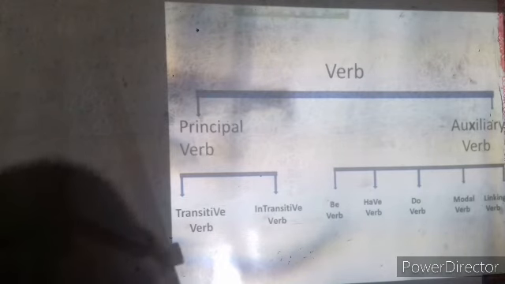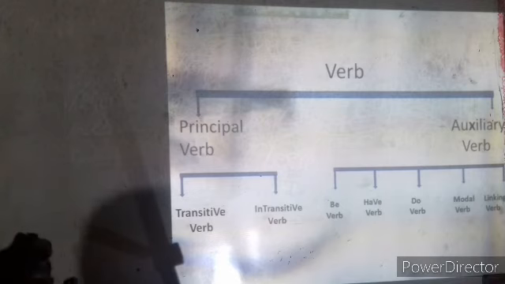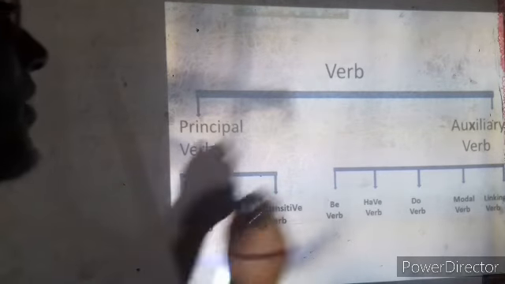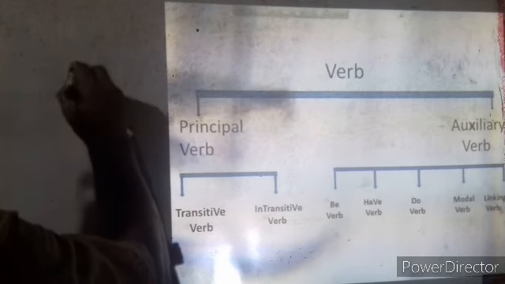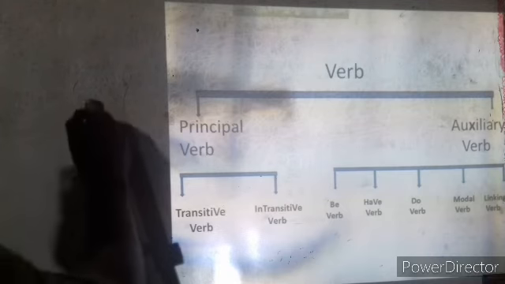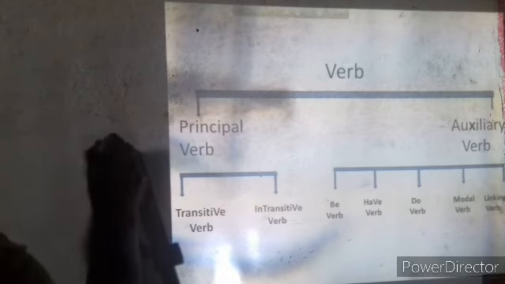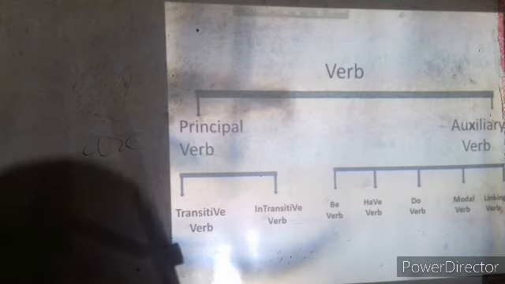We have discussed be verb and have verb in the previous time: am, is, are, was, were, have, has, had. These are called be verb.